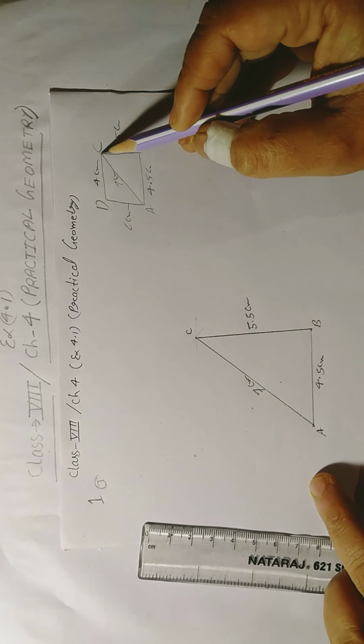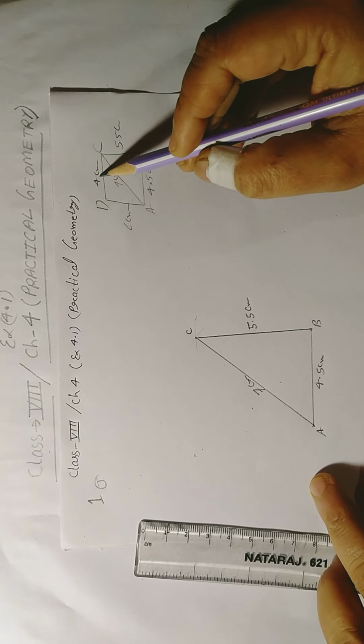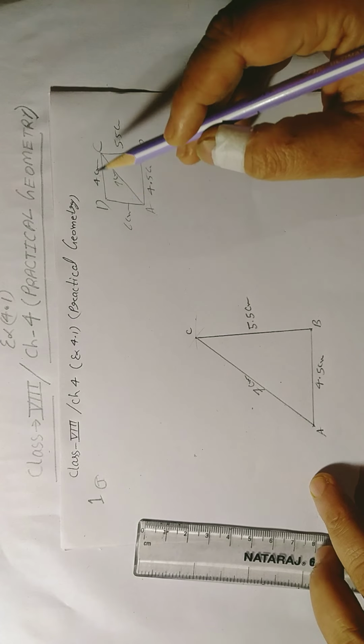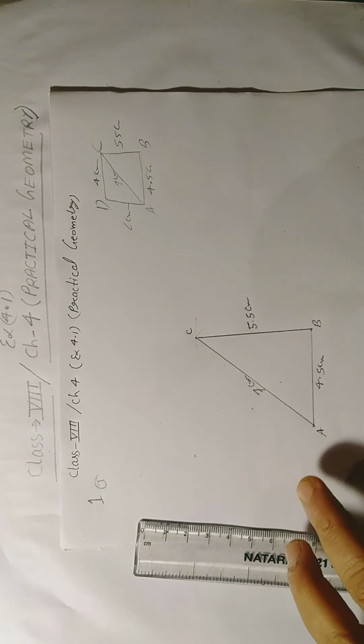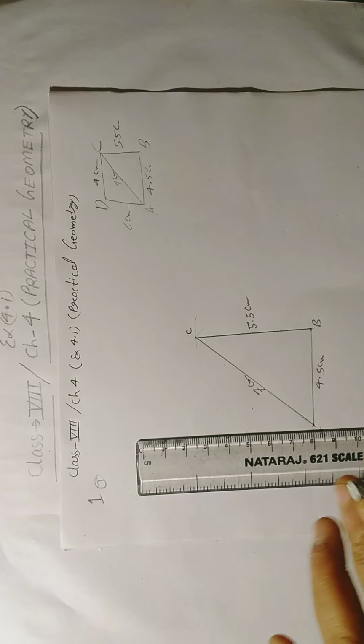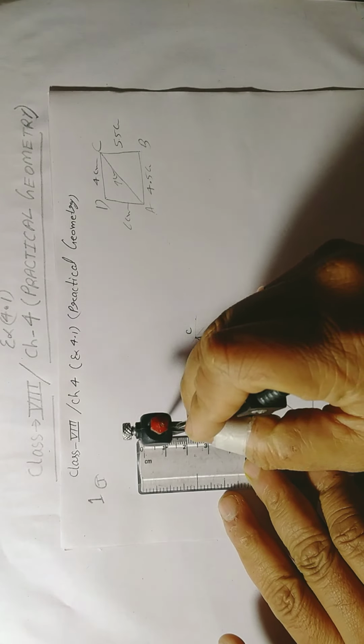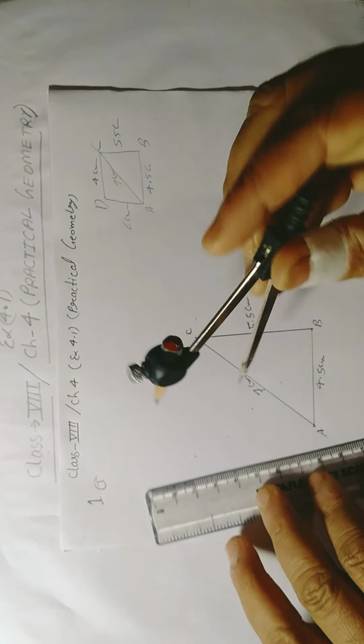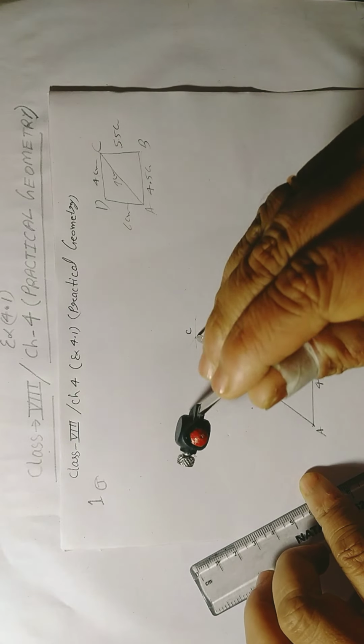Now we have to construct line segment CD of 4 centimeter and AD of 6 centimeter with the help of a compass. So we take distance 4 centimeter in the compass and put the compass at C, draw an arc.